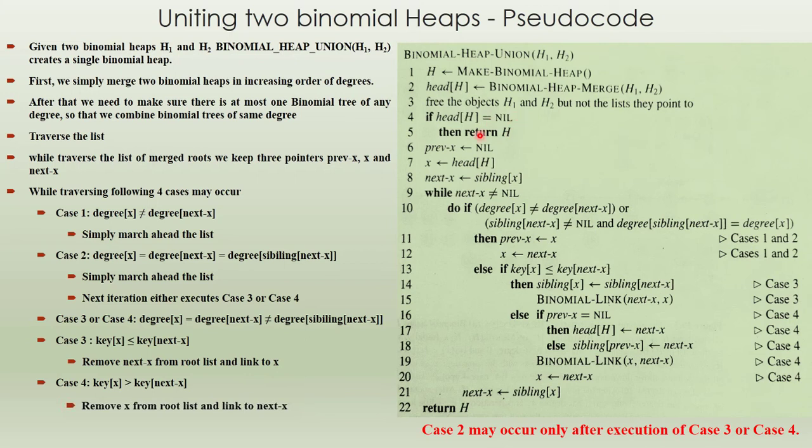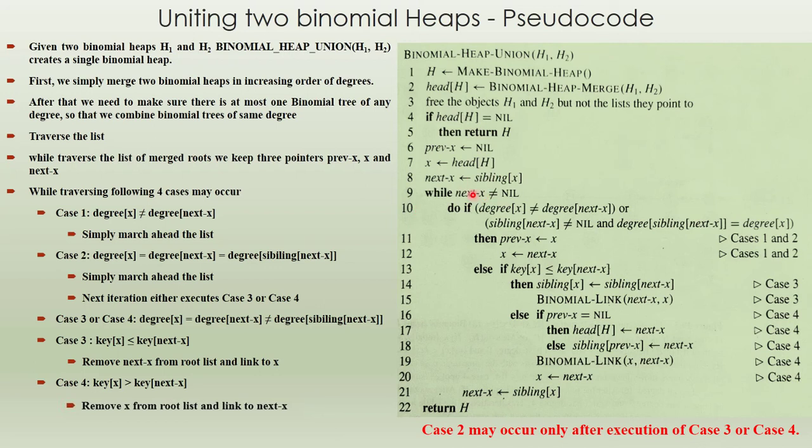This is to counter that condition where both h1 and h2 will be nil. Next is prev x equal to nil. Essentially, previous of x will be stored as nil. X will be initialized with head of h. Next of x will be sibling of x. Next of x means node next to x in the root list. It will be sibling of x.